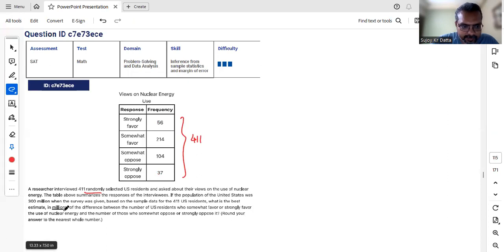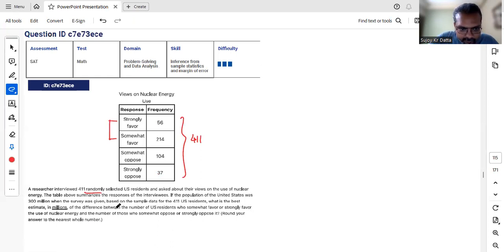Based on the sample, what is the best estimate in the difference between the number of residents who somewhat favor or strongly favor the use? Who somewhat favor or strongly favor. So these two, so this is or, okay?